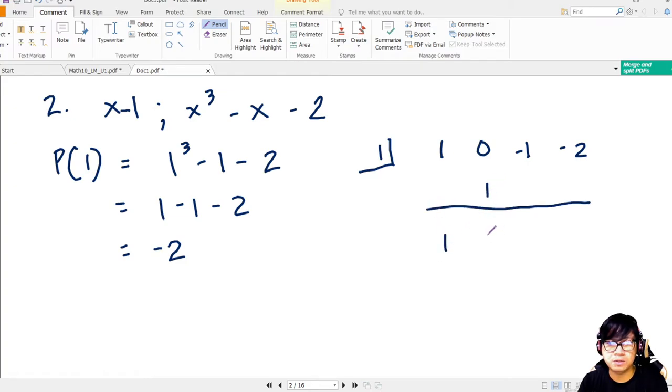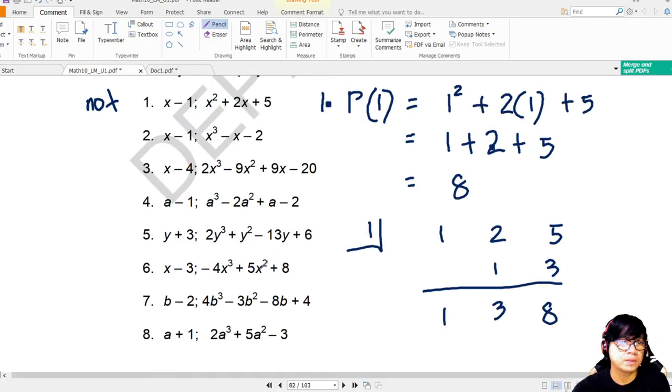Then 0 plus 1 is 1. 1, then 0, 0. Then negative 2. So the remainder is negative 2. Therefore, x minus 1 is not a factor. Okay, let's proceed to number 3.